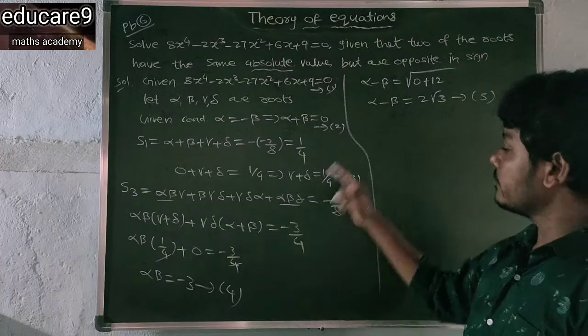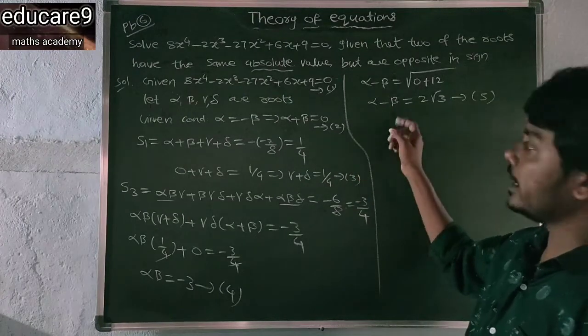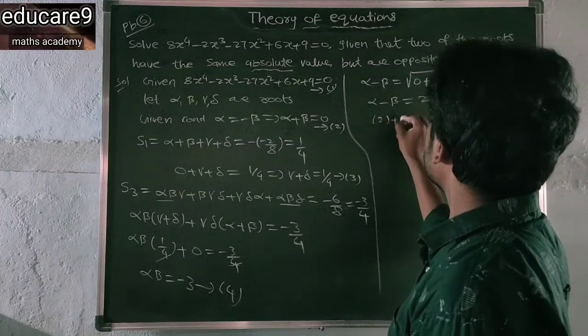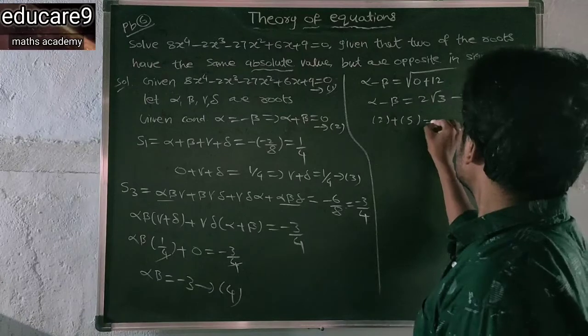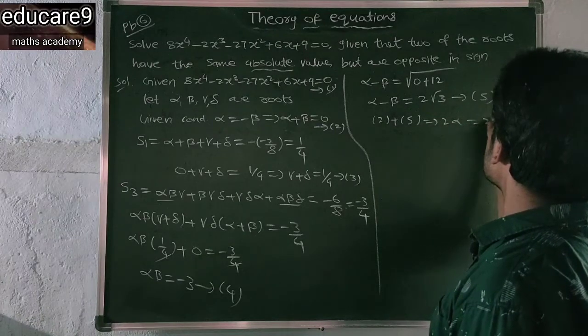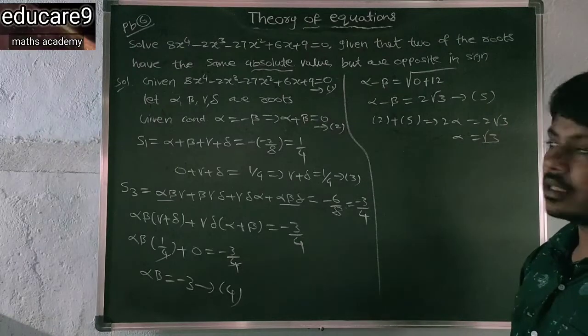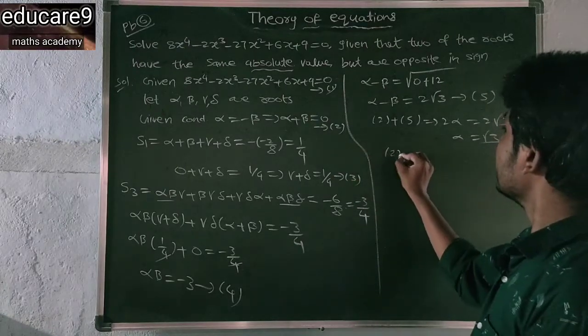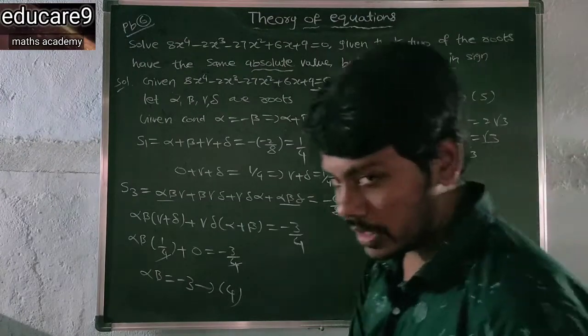Now adding equations 2 and 5. So what you get? Alpha plus alpha, 2 alpha is equal to 2 root 3. So what is alpha value? Root 3. So clearly from equation 2, beta value is minus root 3.